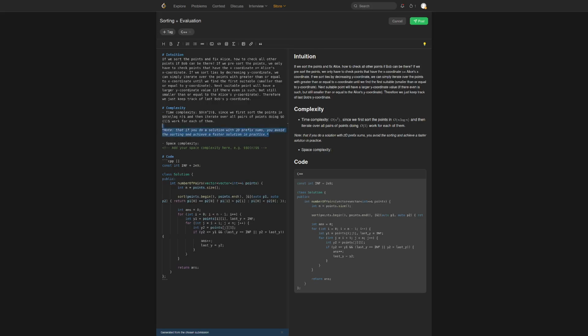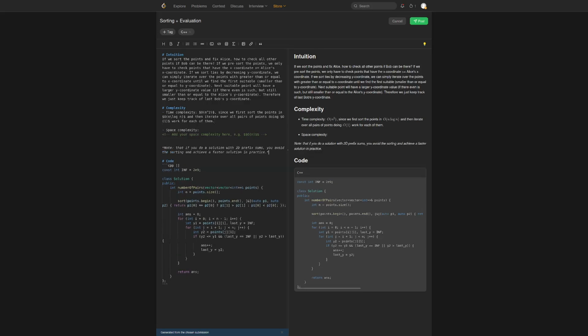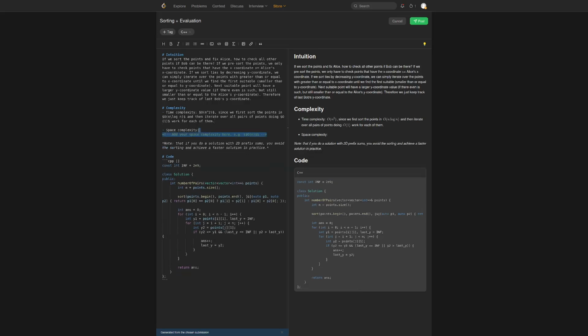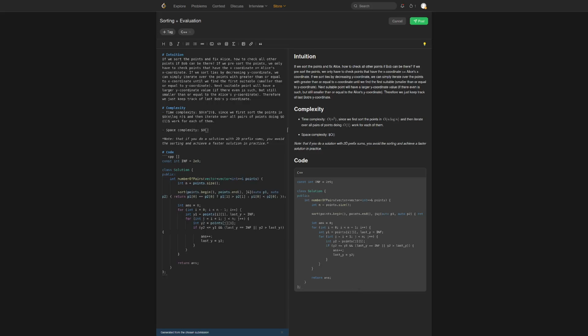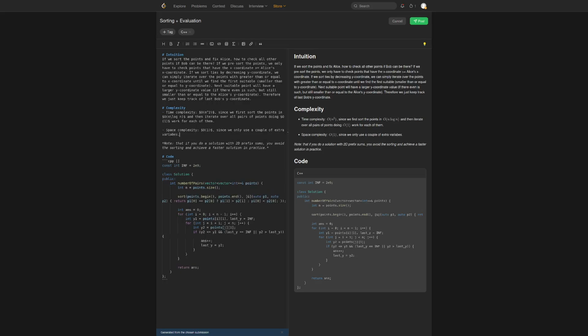And that looks weird. O of 1. We do not store any since we only use a couple of extra variables.